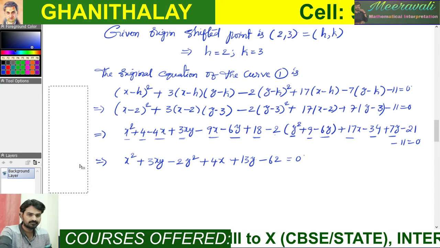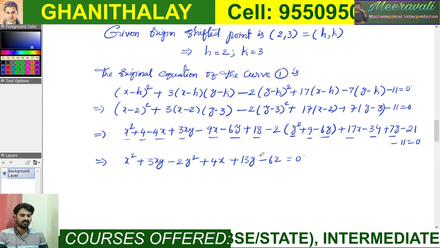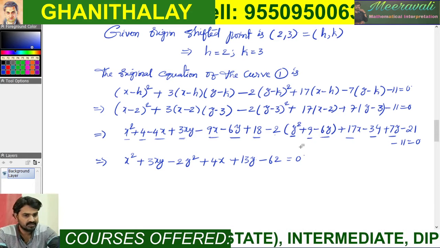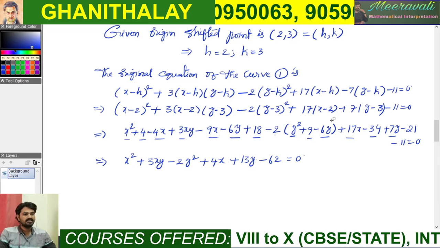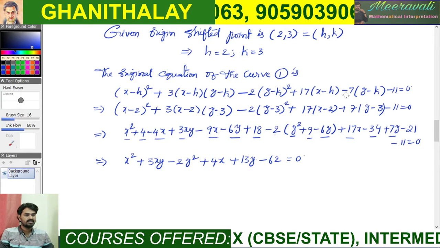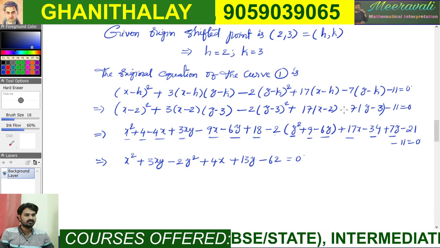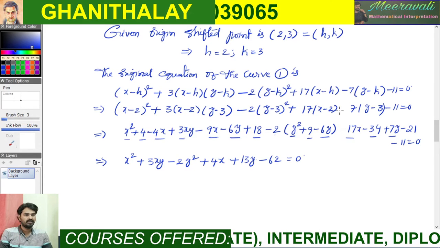Okay, so x square plus 3xy minus 2y square plus 4x plus 13y minus 62 is equal to 0 is the answer. Okay students, a small mistake has been made here. This is a minus here, you can simplify here minus 7.